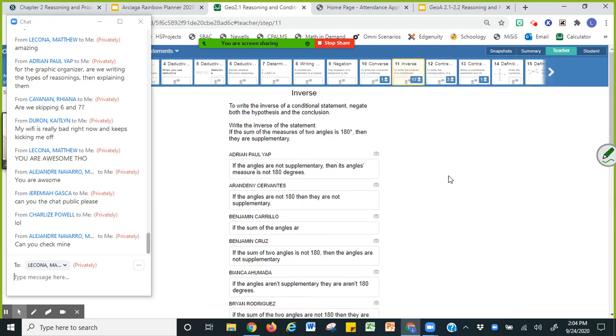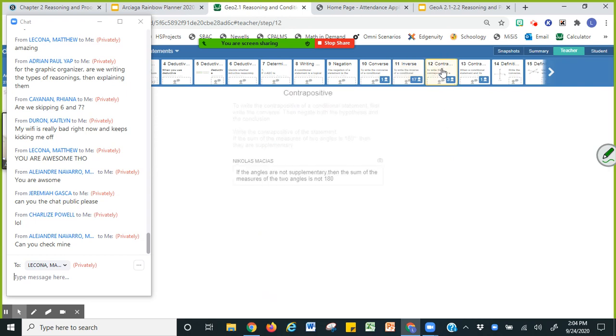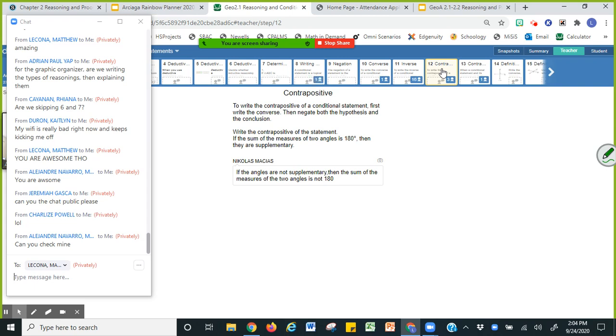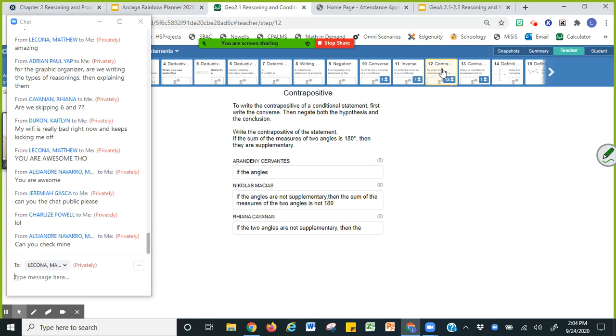Okay, so that's how you make the inverse. Inverse is different from converse. All right. Last one, 12. Contrapositive. So converse and contrapositive. Your clue is when you see the prefix con.